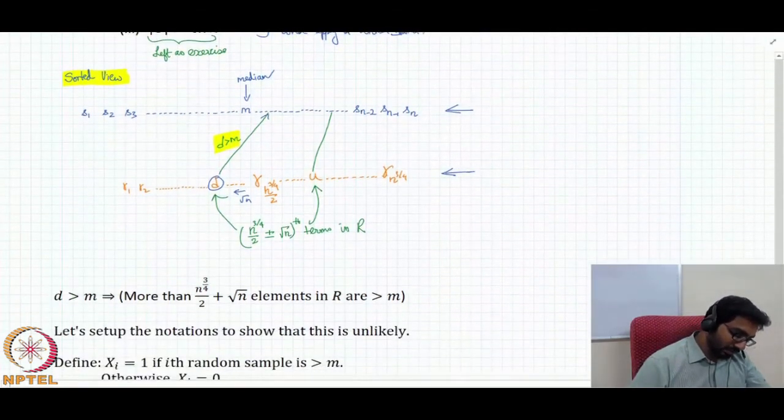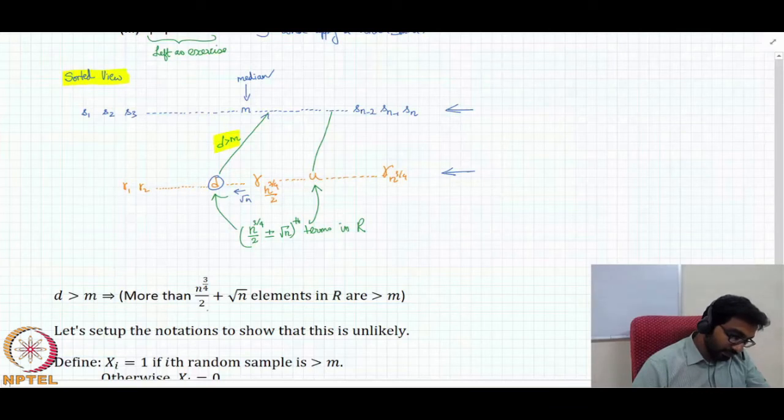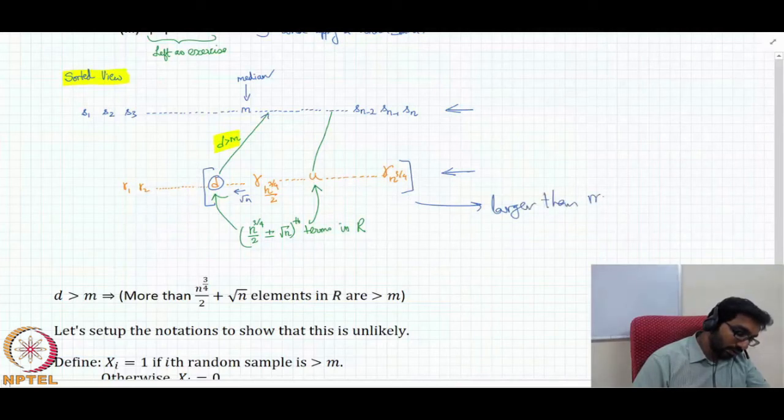So what does this mean? This means that more than n to the 3/4 divided by 2 plus square root of n elements in R are larger than M. What do we mean by that? All of these items are larger than M. And what's the cardinality of this set?